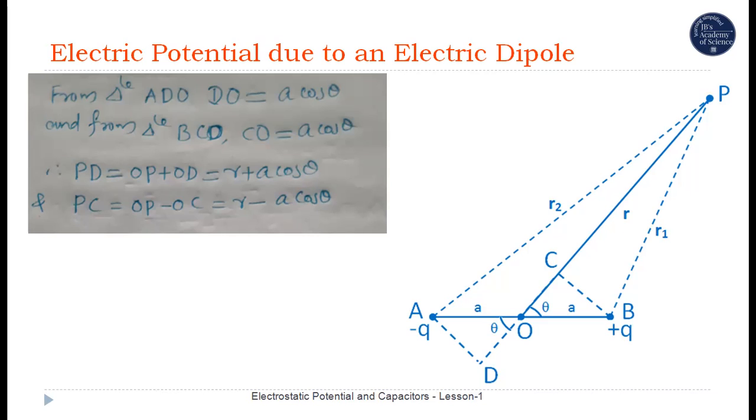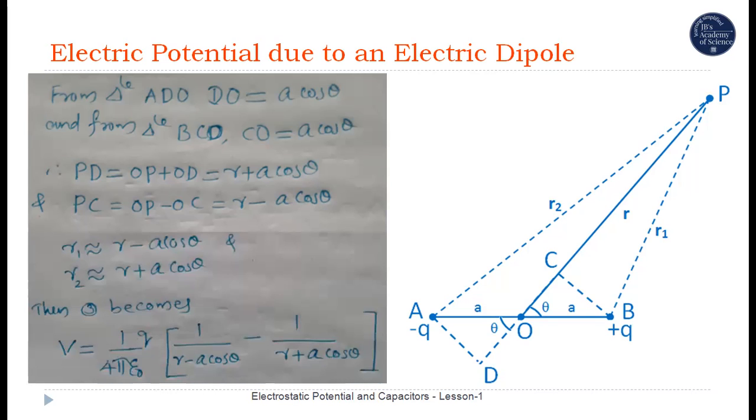PD is equal to OP plus OD, that is R plus A cos theta. PC is equal to OP minus OC, that is R minus A cos theta. Now, R1 is nearly equal to R minus A cos theta, and R2 is nearly equal to R plus A cos theta, provided R is much larger than A.